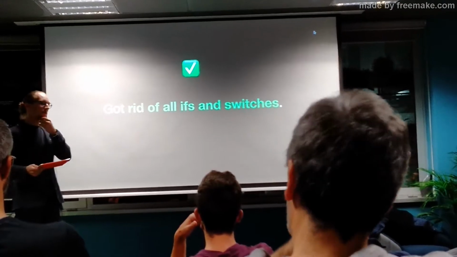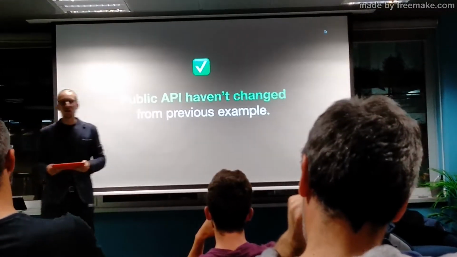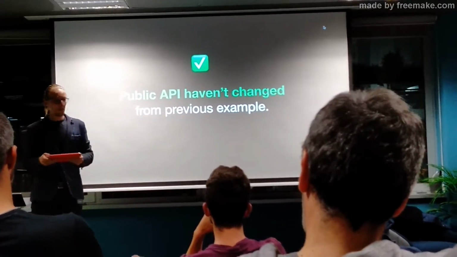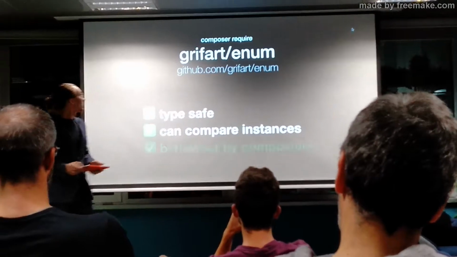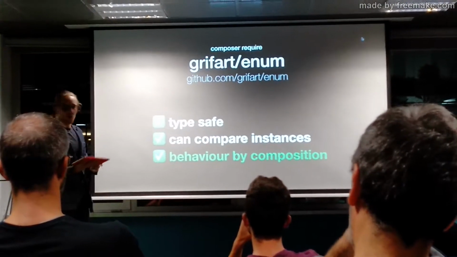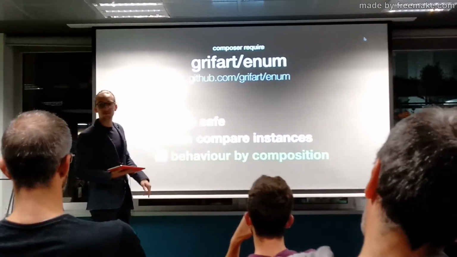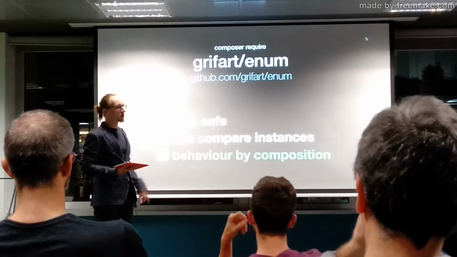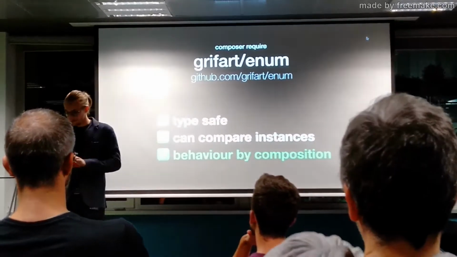We got rid of all ifs and switches, and our API hasn't changed from the previous example I've shown you. So you can download the library here on Composer, and it has one more advantage over those libraries before, that there is behavior by composition.